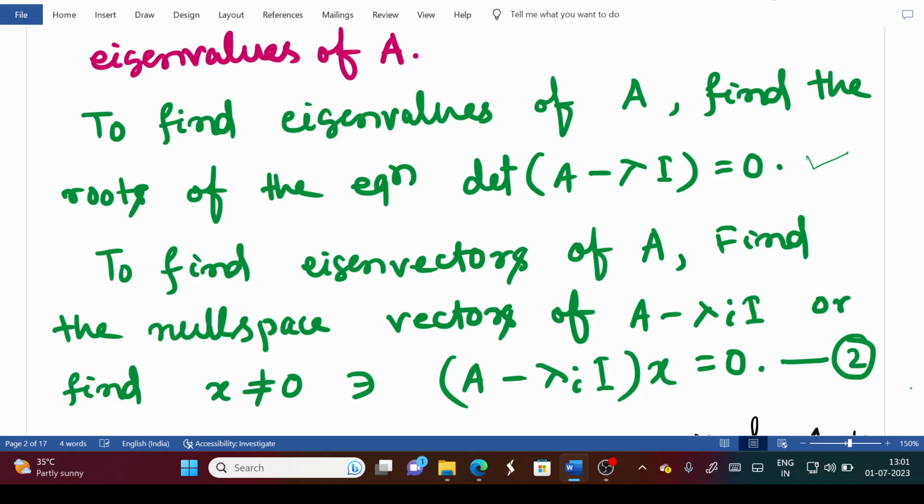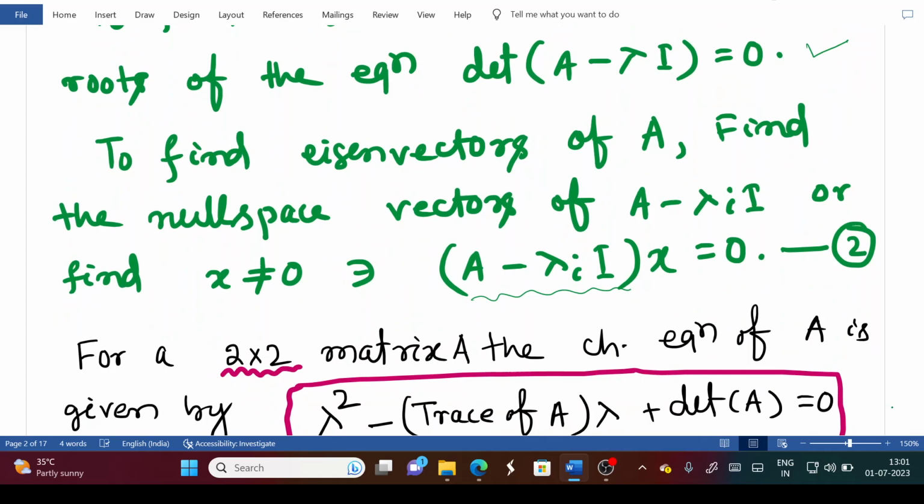That is, if X is a non-zero null space vector of A minus lambda I, then X is an eigenvector of the matrix A corresponding to the eigenvalue lambda i. So this is the method of finding eigenvalues and eigenvectors of a given matrix.